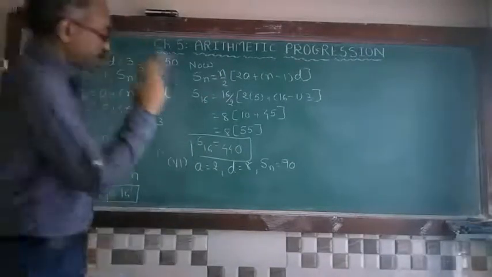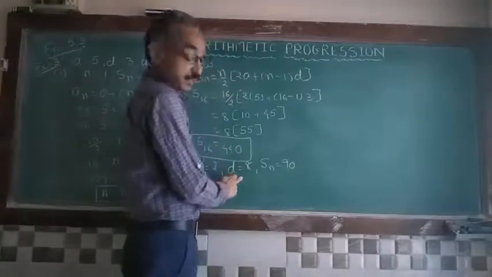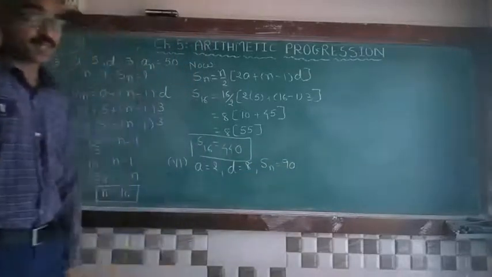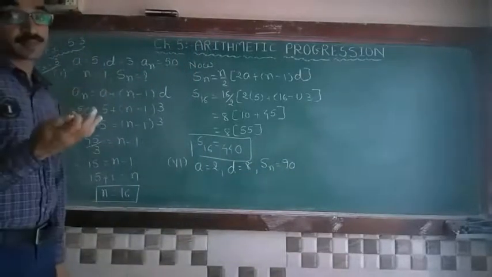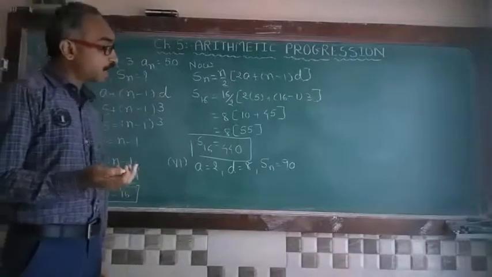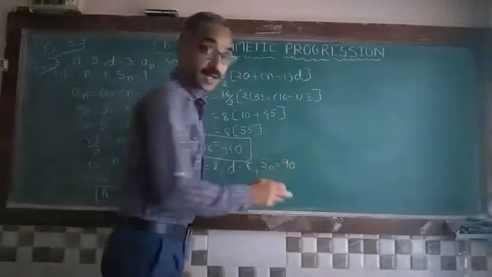See here, your first term is given to you, common difference is given to you, and the sum of the n terms is given to you, 90. But we don't know how many terms there are in your AP, or how many terms sum to 90 in your AP.